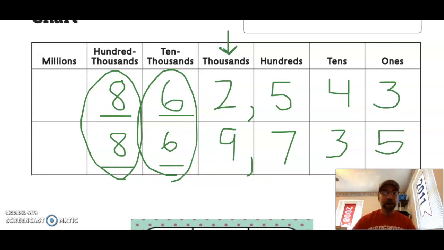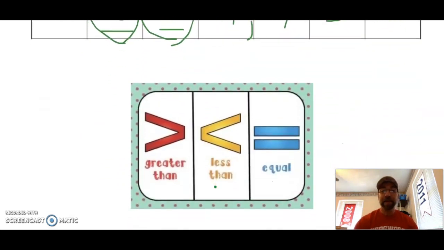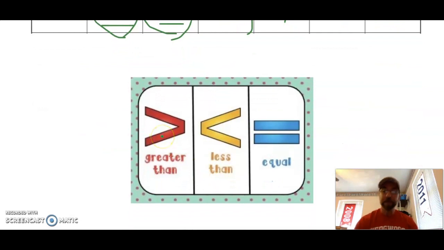Which number has more in the thousands place? Would it be the 862,000 or the 869,000? Well, if you said 869,735, you are correct. This number is the number that is greater than the other number.